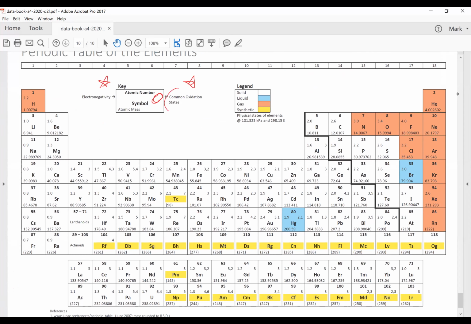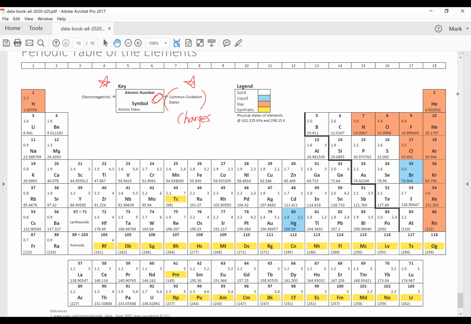Common oxidation states, these are charges. They're technically called oxidation states. When you get to chemistry 2, or some of you who are going to do chemistry 2, we'll talk more about oxidation states. But basically, the idea is our charges are written on the top right of the periodic table box of the element that the box is in.